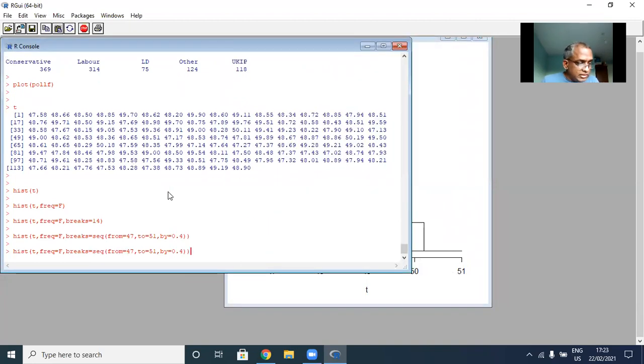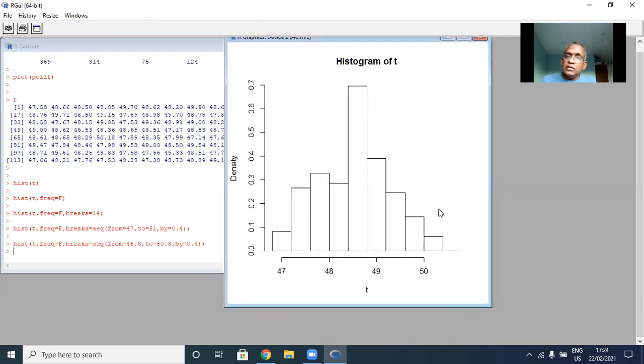And you can change them as you wish. Like suppose you want it from, say, 46.8 to 50.8 in steps of 0.4, and this is what you will get, right? So the x-axis can be changed as you wish using the breaks command.